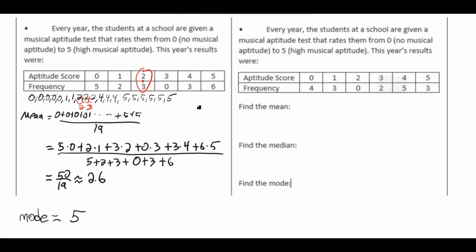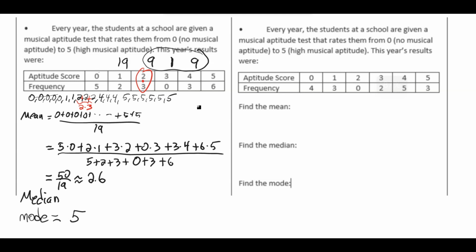Now the median. We determined there were 19 total scores. Half of that, 9. So there's 9 on the left, 9 on the right, and the one middle that we're after. So there is one number right in the middle, and it's the 10th one.